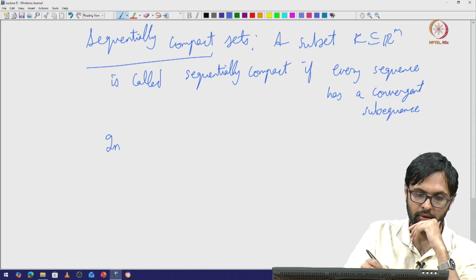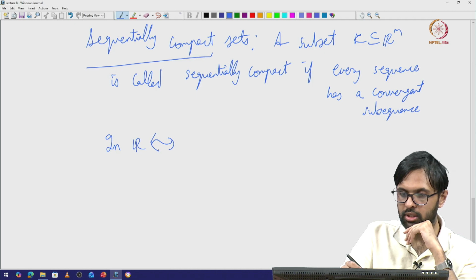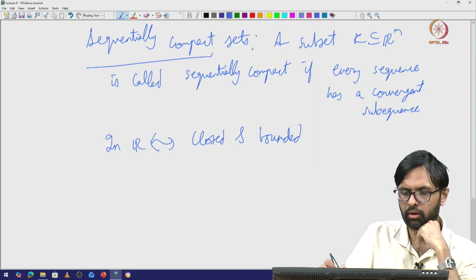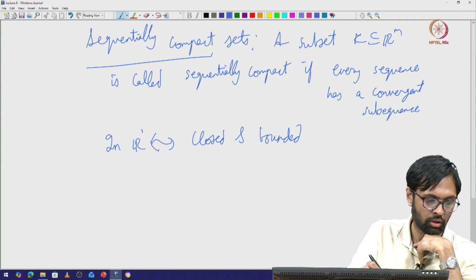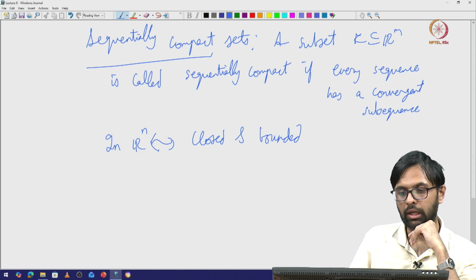In R, sequentially compact is the same as being a closed and bounded interval. In fact, in general, in Rn, sequentially compact is equivalent to being closed and bounded.